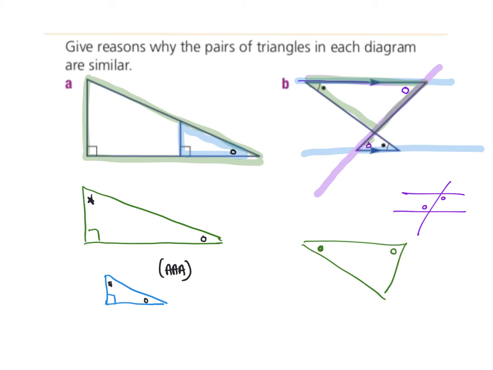Now I've got this little one down here, and I'm going to turn it upside down so you can see. If I flip it over, it has the dot and the circle on the parallel line. If two angles are the same, they're similar, so we know that they're similar.